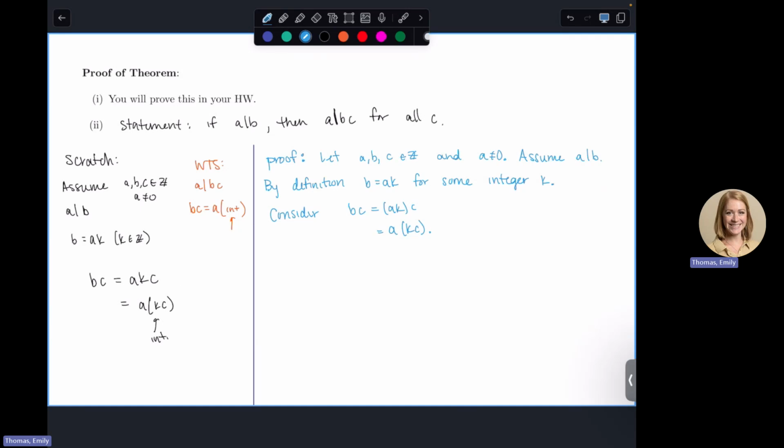We're going to say since KC is an integer, A divides B times C. Thus, A divides BC whenever A divides B.